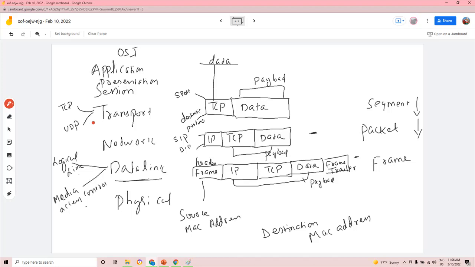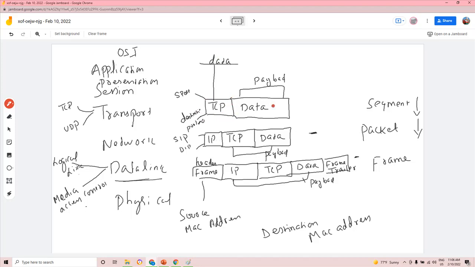For example, if there is no connection between the two systems, like when we are watching a football match on YouTube, UDP will be used. If there is a connection, like now we all are connected to each other, then TCP will be used. So when data comes to the transport layer, a TCP or UDP header is attached.